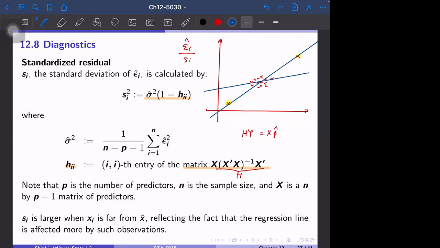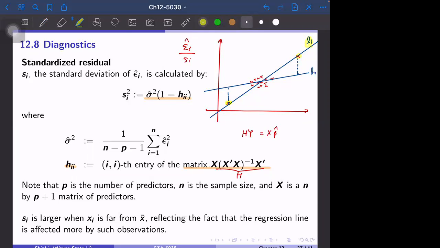But if we use this line, say L1 and L2, if you use L2, then the error for these observations becomes too large, so that the sum of squared residuals gets too large. So in such a case, L1 achieves a smaller sum of squared residuals. So that's why these two points are influential.